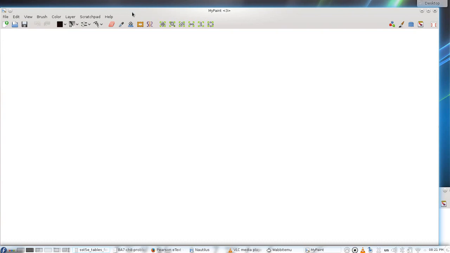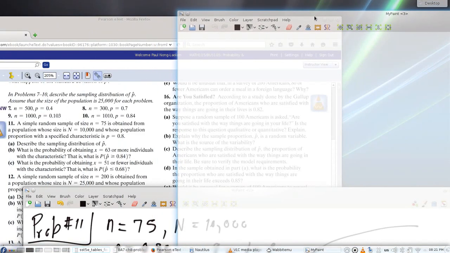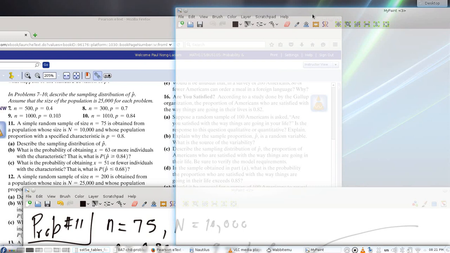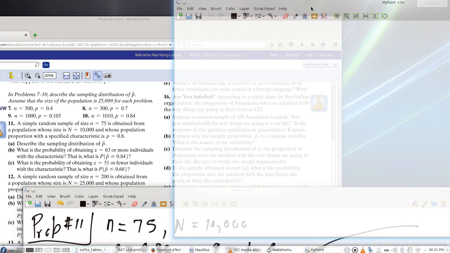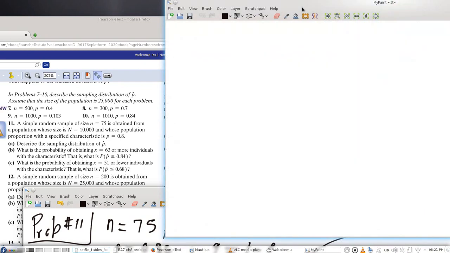So the first question asks us, what is the probability of obtaining X equals 63 or more? Let's just put it short like that. Probability of x equals 63 or more.